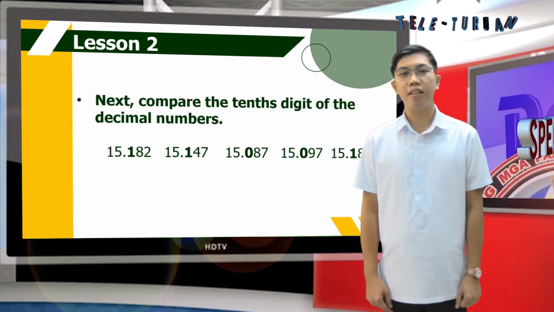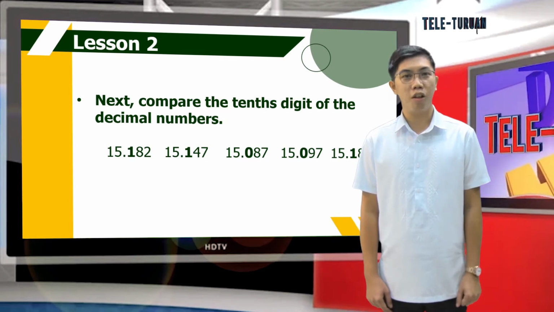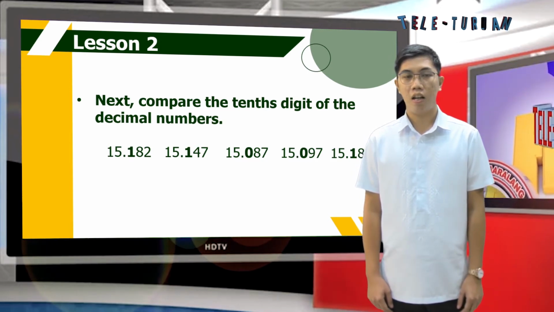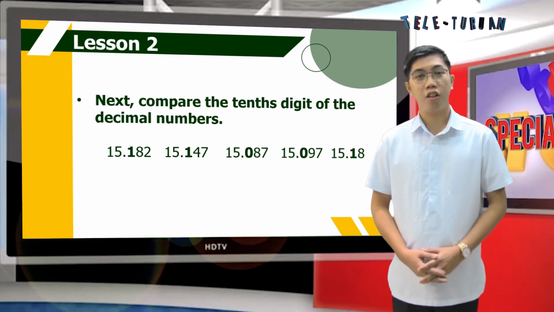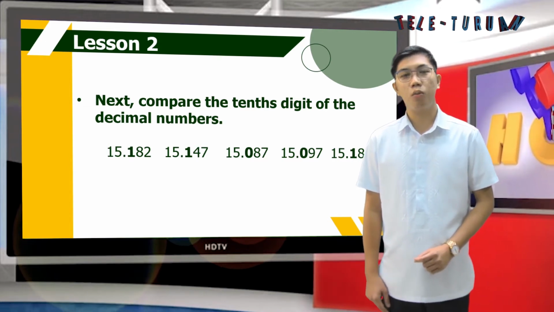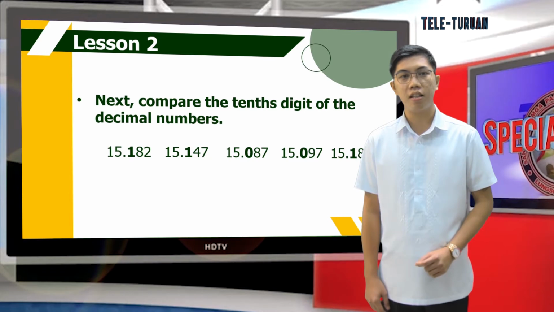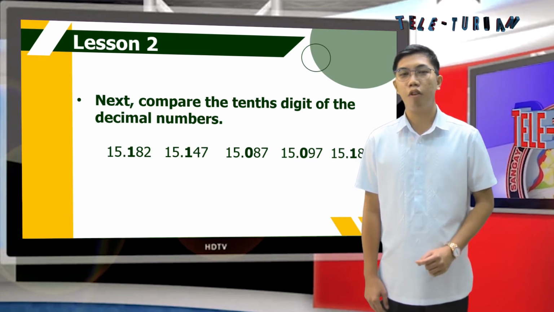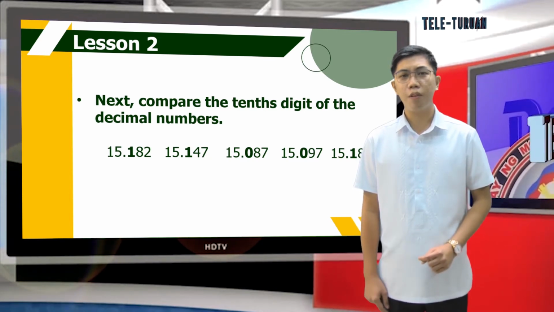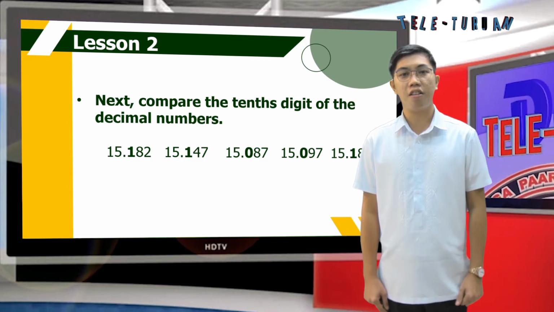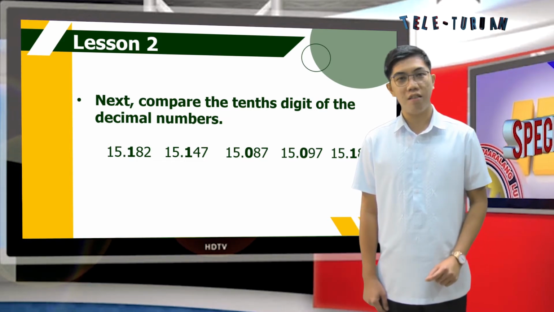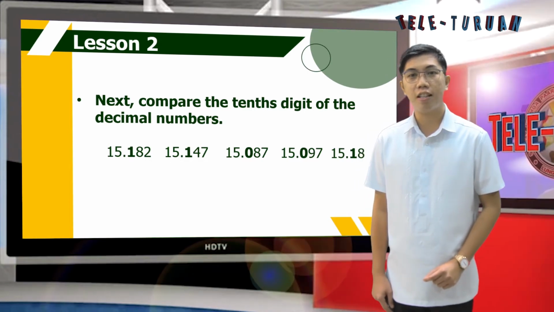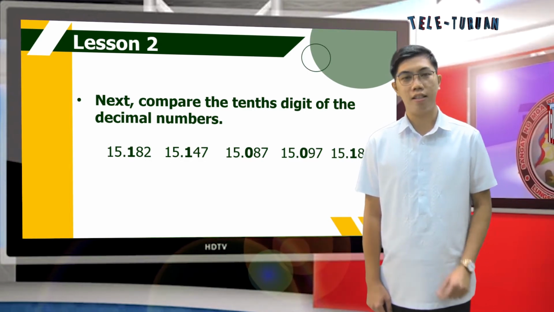Next, compare the tenths digit of the decimal numbers. As observed, 0 is less than 1. Thus, 15 and 182 thousandths, 15 and 147 thousandths, and 15 and 18 hundredths are greater than the two decimal numbers 15 and 87 thousandths and 15 and 97 thousandths.